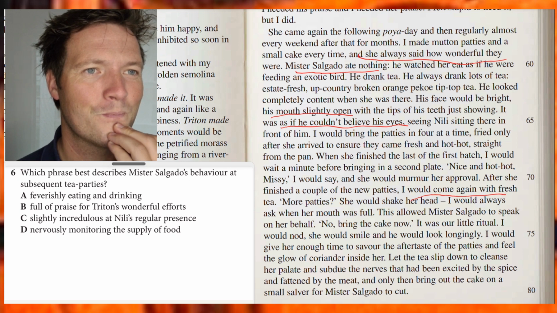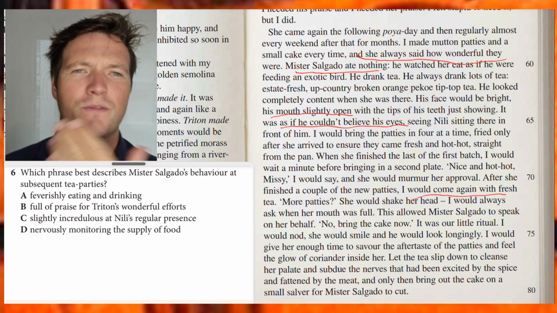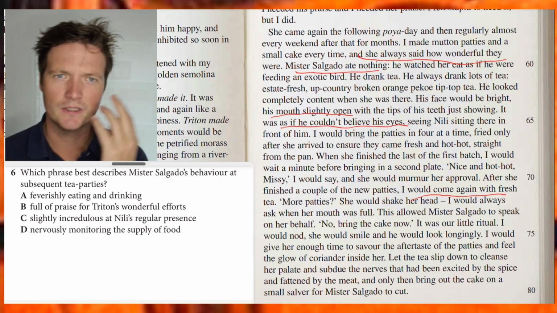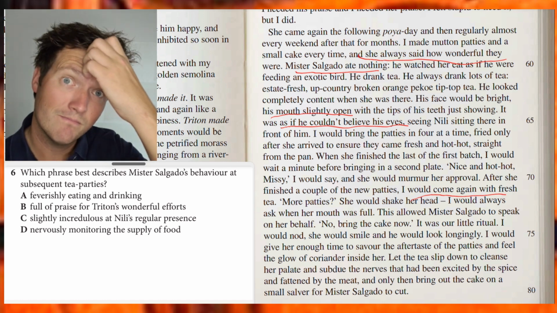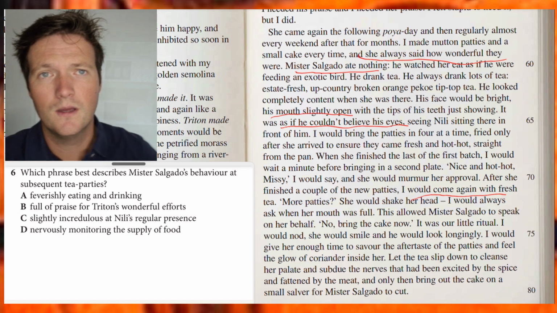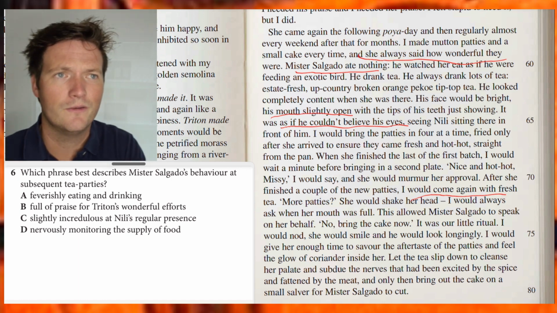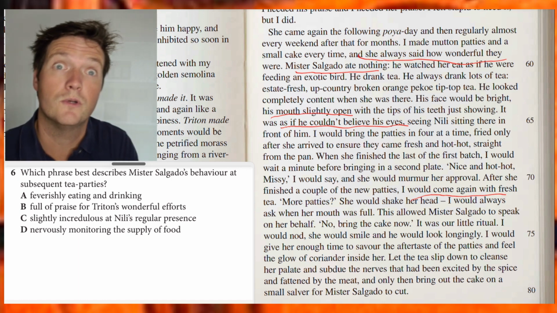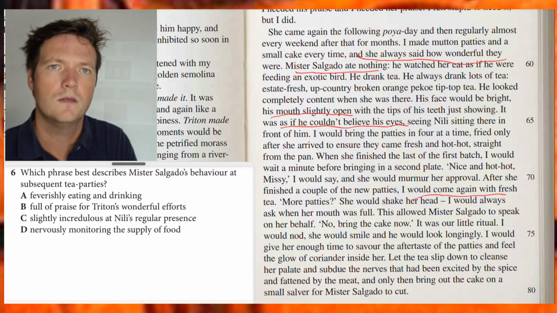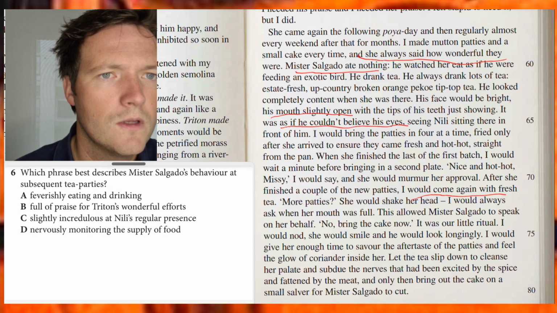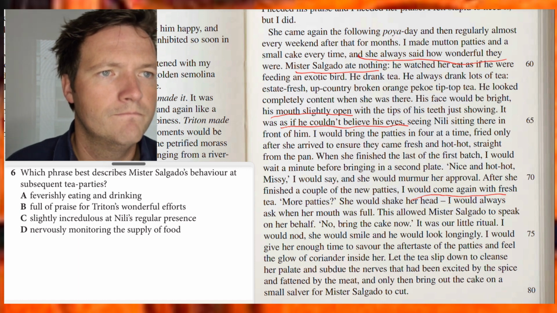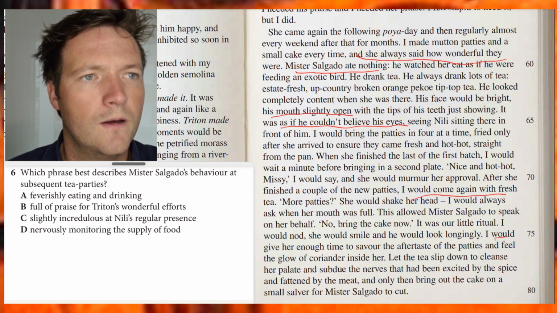Yeah, so I don't think he's nervously monitoring the supply of food. That's the cook's job, right? That's Triton's job. I don't think Mr. Salgado's doing that. He would nod and say, bring the cake in. That's not nervously monitoring the supply of food. Okay, so yeah.